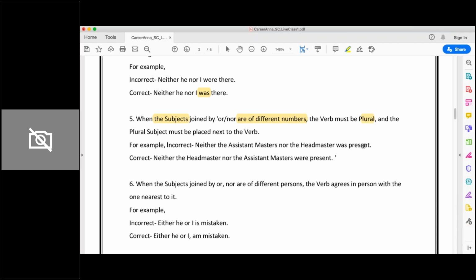Bharat, this addresses your query. If both my subjects are singular, my verb will be singular. If even one of my subjects is plural, my verb will be plural in the case of either-or, neither-nor, or and nor.